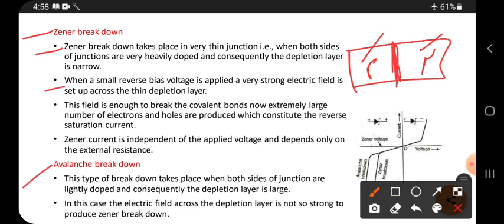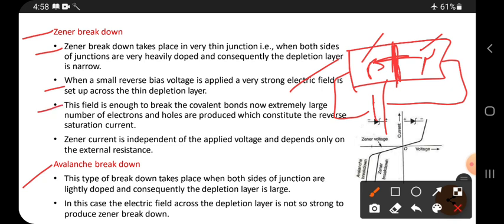When a small reverse bias voltage is applied, a very strong electric field is set up across the thin depletion layer. So when we apply a small voltage, an electric field is established, a strong electric field across the junction.